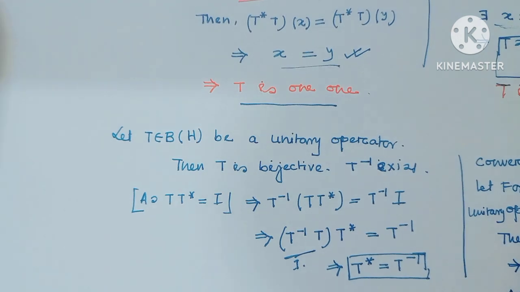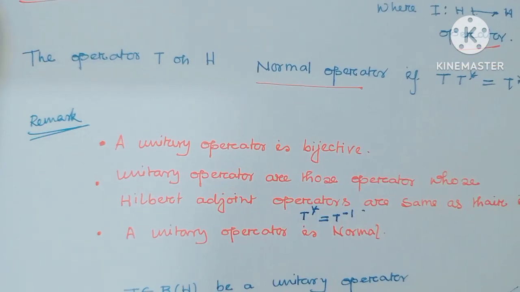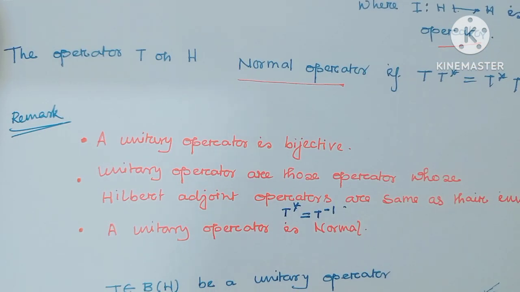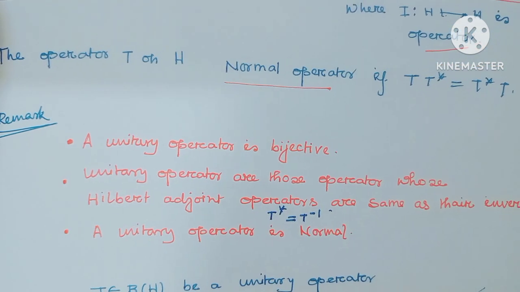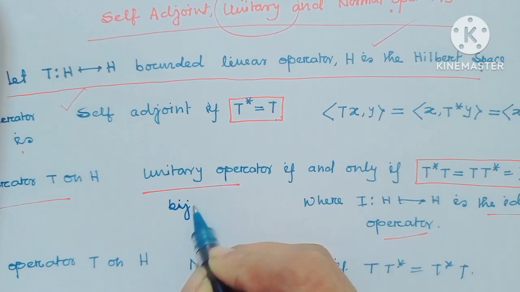That means the adjoint operator is equal to its inverse when T is a unitary bounded operator. Okay? That means for a unitary bounded operator, its adjoint is the same as its inverse. So, a unitary operator is always bijective.